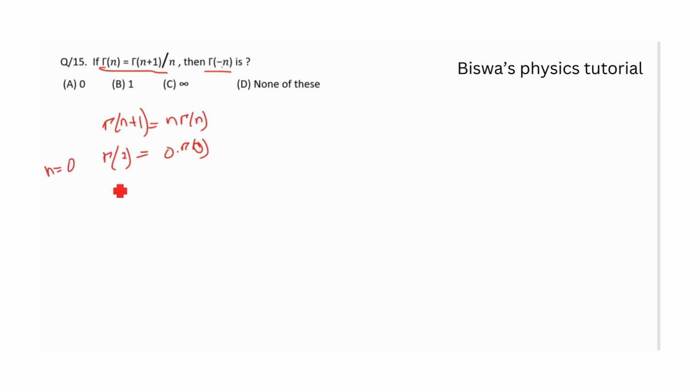So gamma 0 becomes gamma 1 by 0, which tends to infinity.